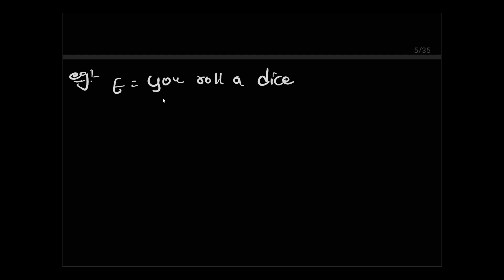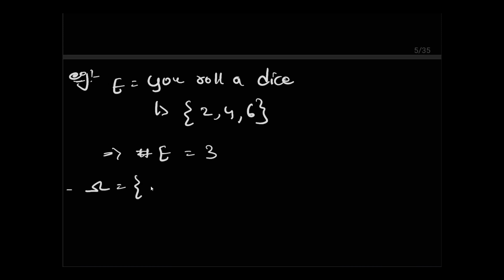Then the event E is the even outcomes 2 comma 4 comma 6. Therefore the number of elements in E will be 3. What is the sample space? Omega equals the set of 1 comma 2 comma 3 comma 4 comma 5 comma 6.